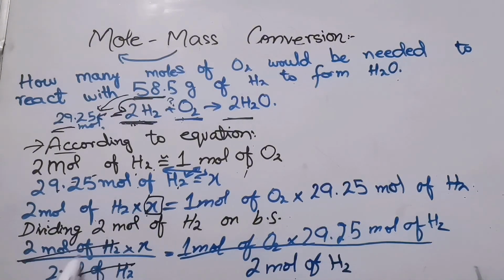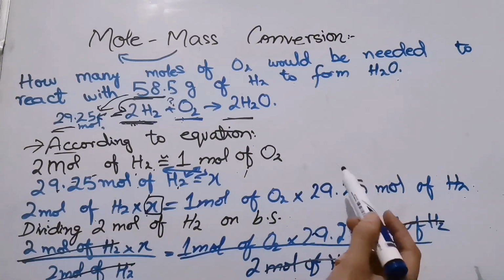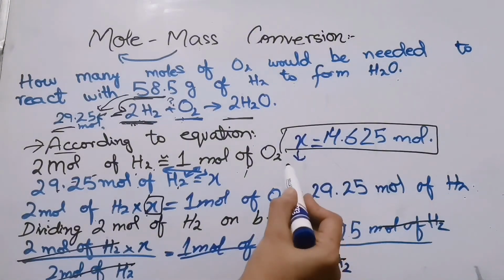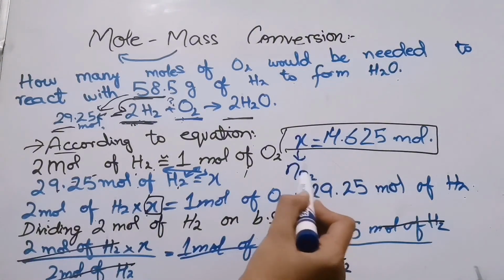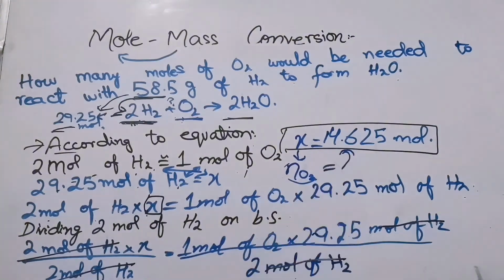Here they both will cancel each other, and mole of H2 and mole of H2 will cancel each other. After dividing, in place of X we can write nO2, number of moles of O2. I hope you all understood, and if you have any question then let me know in the comments below.